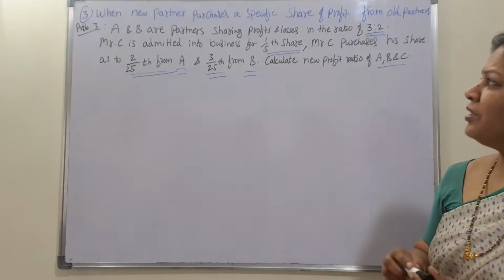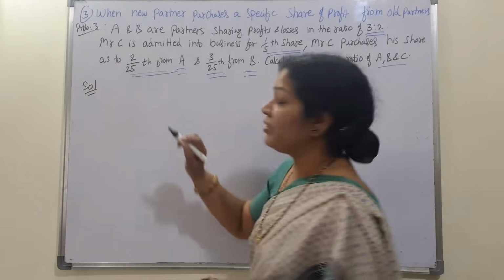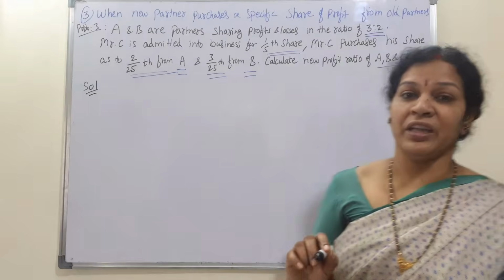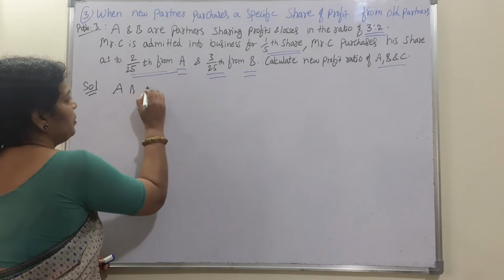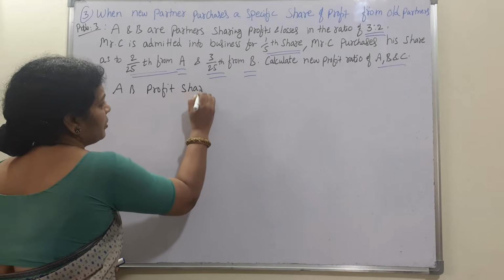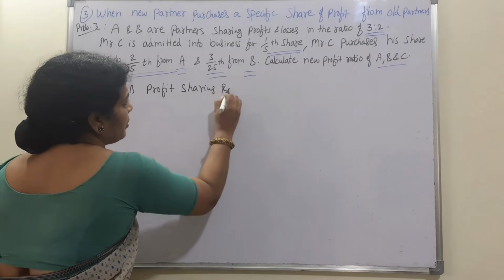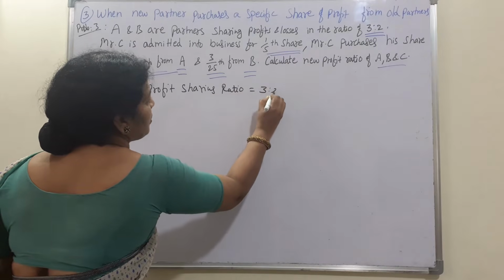I'll show you. First thing is that you must know the profit sharing ratio of A and B. The AB profit sharing ratio is 3:2.